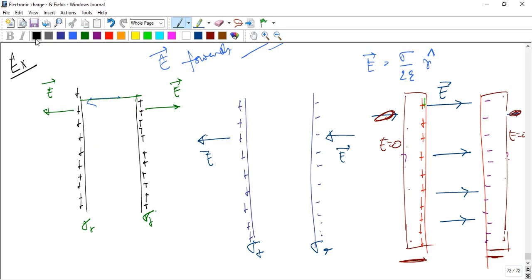This is the thicker plate, and this plate is also a thicker plate. These two thick plates are close to each other, like a board. Considering very thin plates, if this is plus, the field goes outward, and outside and in the middle the electric field will be 0.